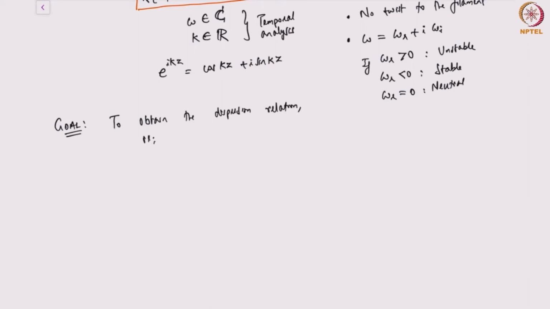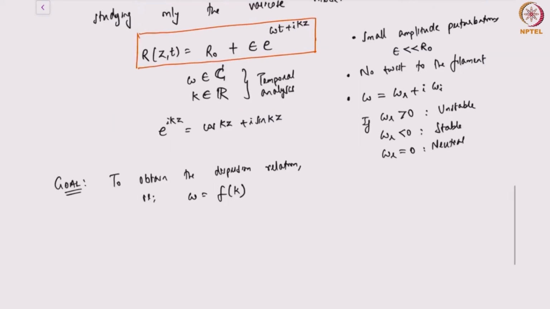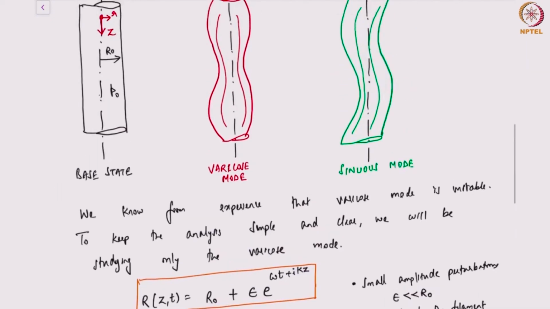That is, I want to find out the relationship between omega and k. Notice that there is no other extra parameter like a Reynolds number in the problem. We are also going to say that on the surface there is a surface tension gamma. So it's a stationary filament and we have surface tension gamma.